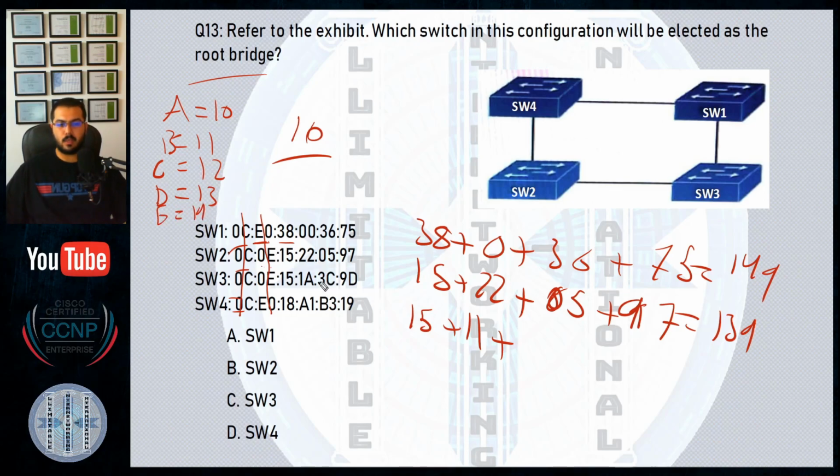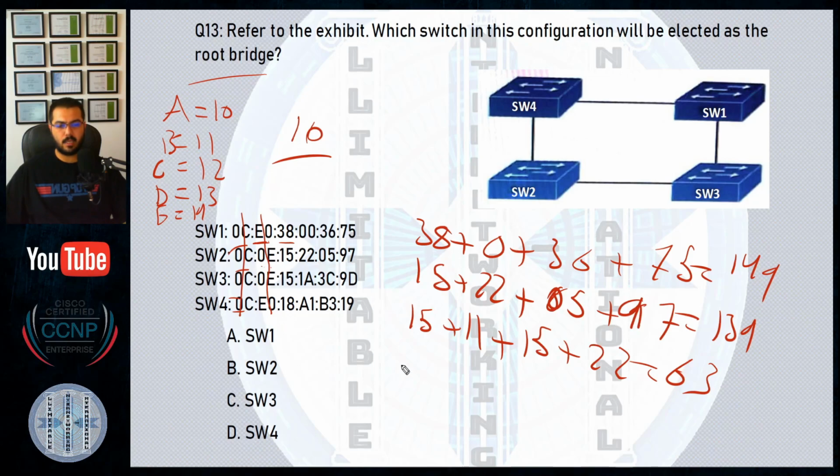So 3C, 3 plus 12 will be 15, and 9 plus 13 will be 22. That will give me 26 plus 15, 36, 41. 41 plus 22 will be 61, 63.